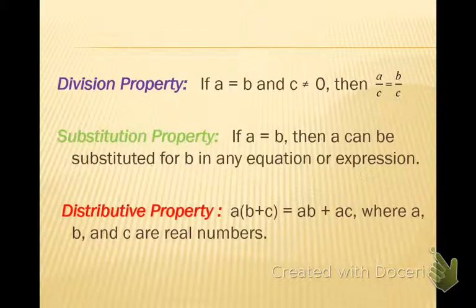We did that a lot in the form of, if X equals 4, then we can go into any equation or expression in that situation and plug 4 in for X. That's the substitution property. The distributive property: if we've got A times B plus C, then we can distribute the A. A times B plus A times C is going to be the same thing.